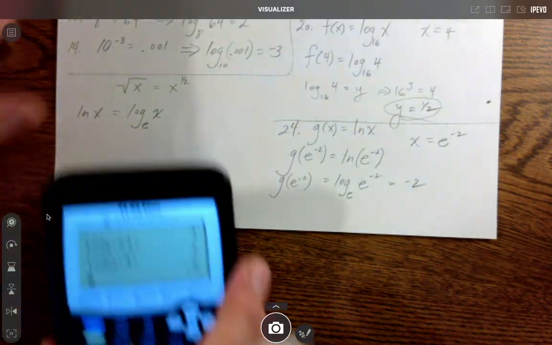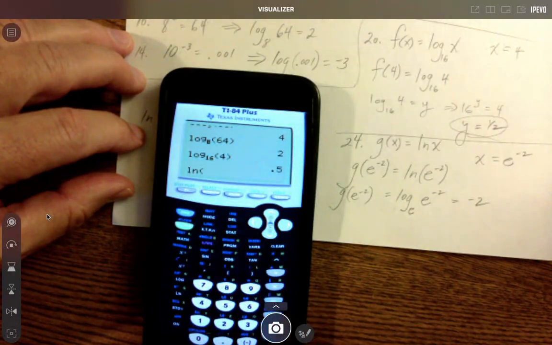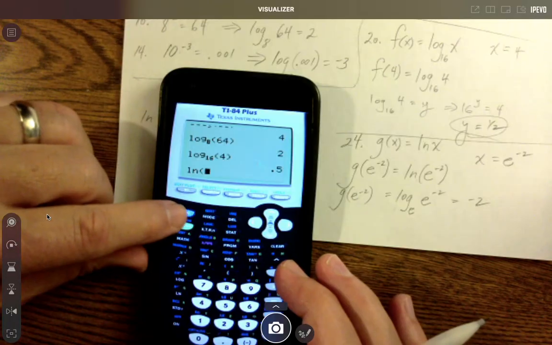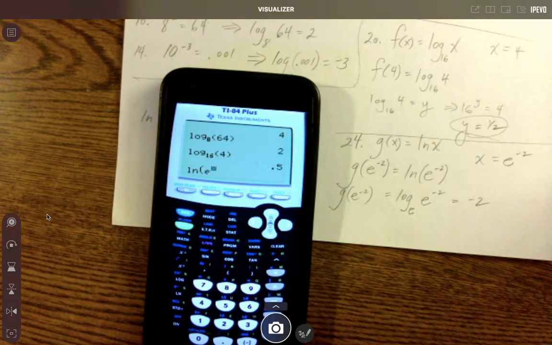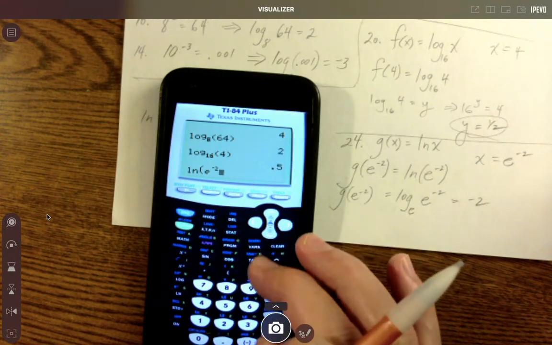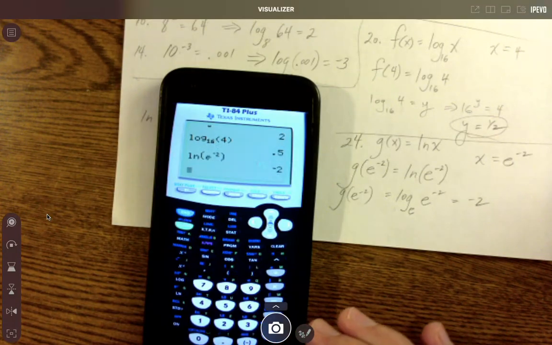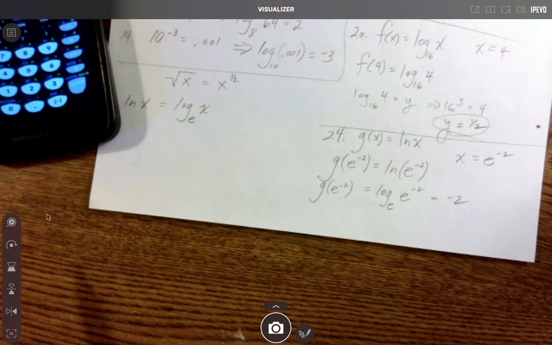But let's put it in our calculator and see what we get. So I'm going to do natural log of e raised to the negative 2. I should get negative 2. And I do.